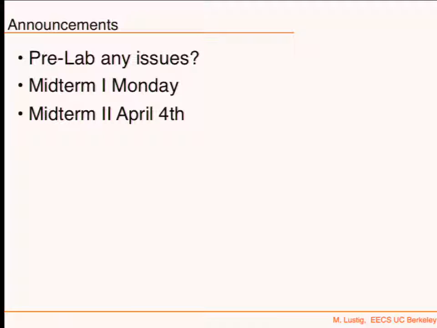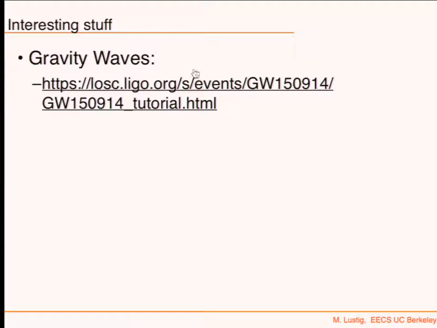I wanted to go over some interesting stuff. So, gravity waves. Recently found evidence that gravity waves exist. It's quite amazing. If you think about it, space-time is fluctuating around us all the time. It's a small effect, but it's detectable.